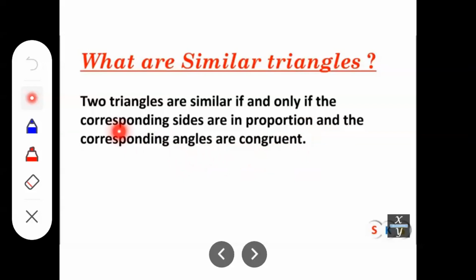So what does sides in proportion mean? To write the proportionality ratio of corresponding sides of similar triangles, we have already learned how to write the ratio for two similar triangles.